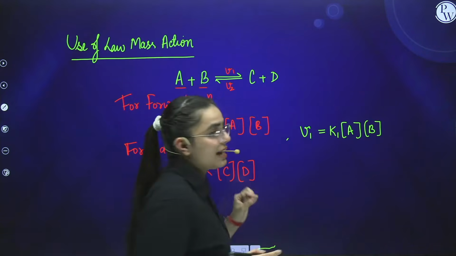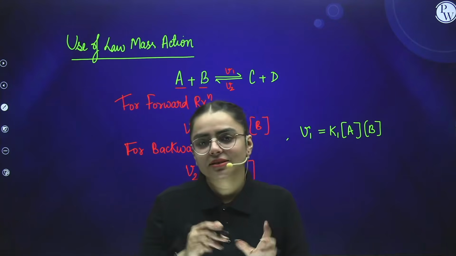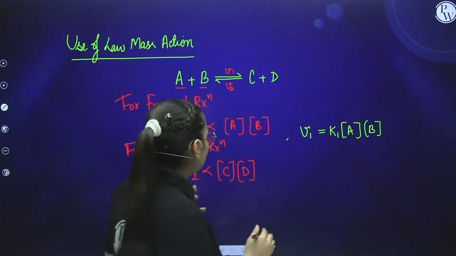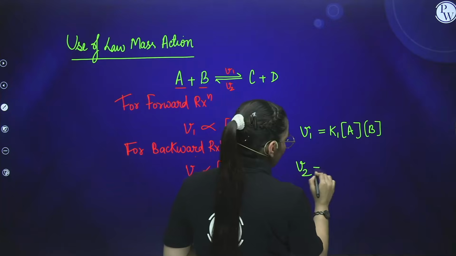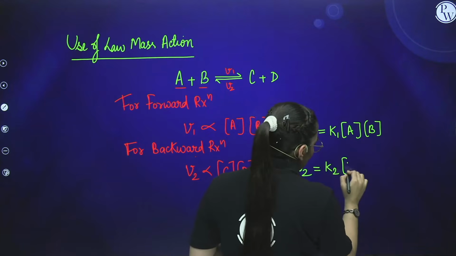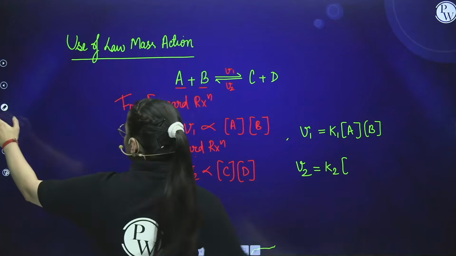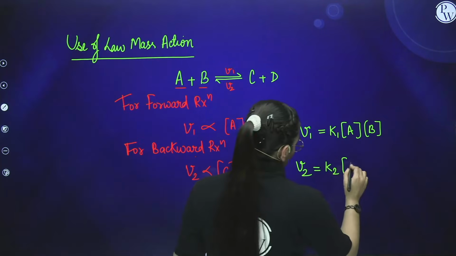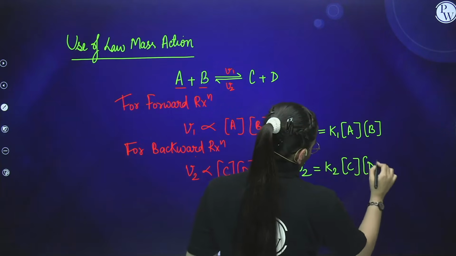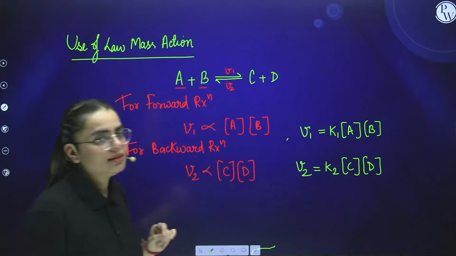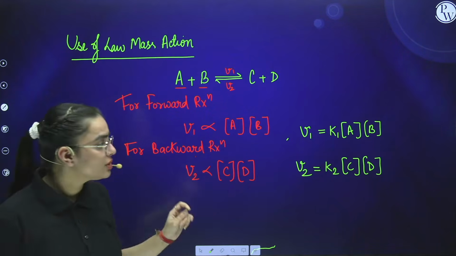These are the active masses, which is why I am representing them in square brackets. Now, if I talk about V2, what do I get? K2 into the active mass of C into the active mass of D. Is it clear to you, students? I hope so.